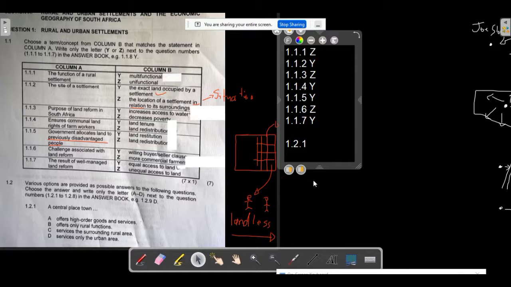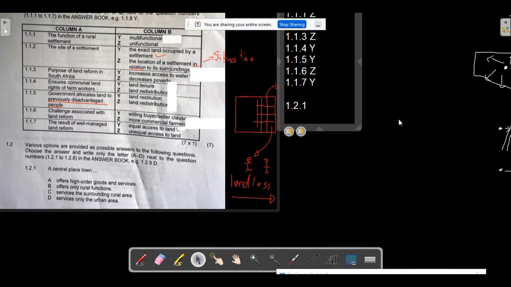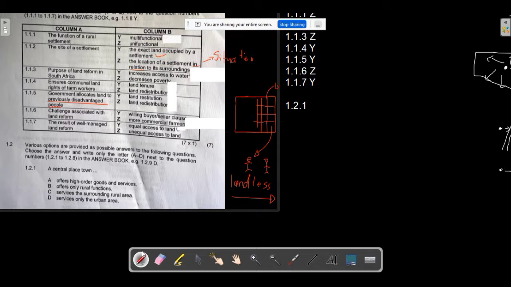So for 1.2.1, it says a central place town. So this has to be, of course, the economic geography part. So central place town A offers high order goods and services. Well, we really don't know that, guys.